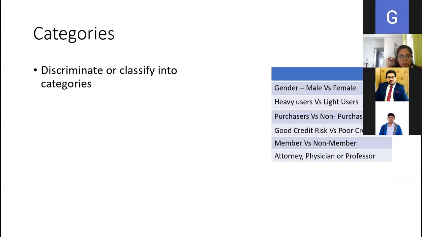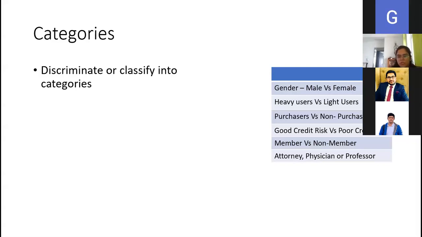Okay, let's see some more categories. Say gender, male versus female, that you can see. Okay, one or two, whether these people are male or female, or based on the preference. We'll do Ellen Jean's case to discuss this point. Okay, heavy users versus light users. So based on some characteristics, based on some independent variables, you can categorize your customers as heavy users or light users, whether they are going to purchase or not.